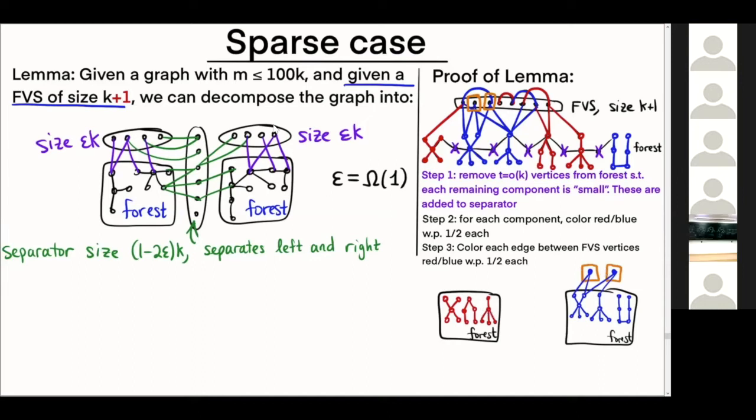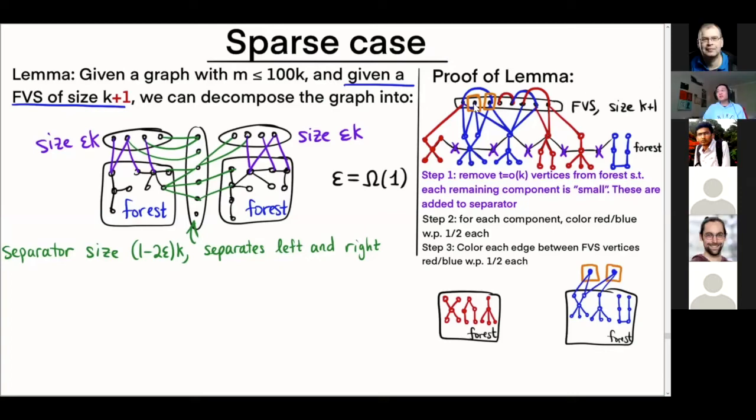Okay. So now, how do we get these size epsilon k sets from left and right? Well, suppose a vertex in the FES has only edges adjacent to blue vertices. So in other words, this vertex here, the edge in the FES was sampled. Can you see the cursor, by the way? Yes.